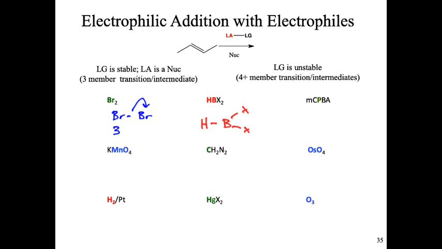Hydrogen becomes negative when it's bonded to something that is less electronegative than it. Hydrogen's 2.1. Guess what boron is? 2.0. Hydrogen's actually negative in this case. The boron has an empty p orbital. The alkene dumps the electrons into the boron, which means hydrogen's the leaving group. Is that a good leaving group? No, that's horrible. Guess what? That's a 4-membered.